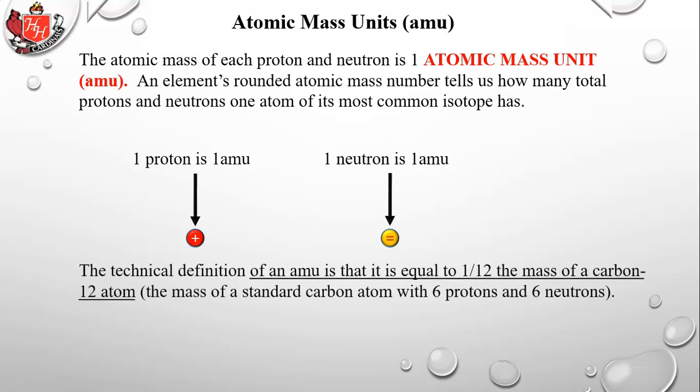The technical definition of an AMU is that it is equal to 1/12 the mass of a carbon-12 atom. The mass of a standard carbon atom was 6 protons and 6 neutrons. We're never going to get into that definition. That's just the technical definition. I'm just stating it for you here. But for our purposes, an atomic mass unit is the mass of a single proton or a single neutron, which we're going to take to be the same.